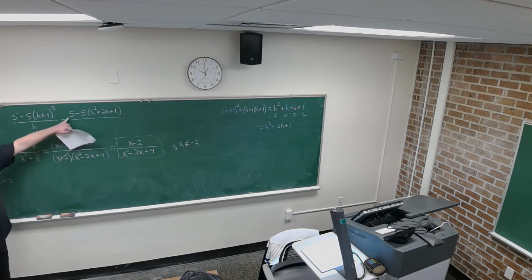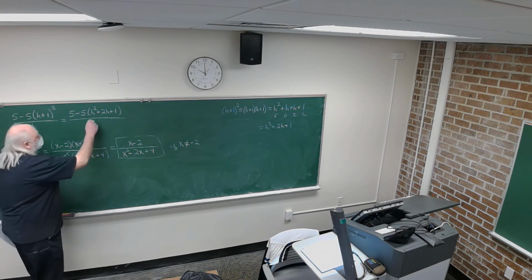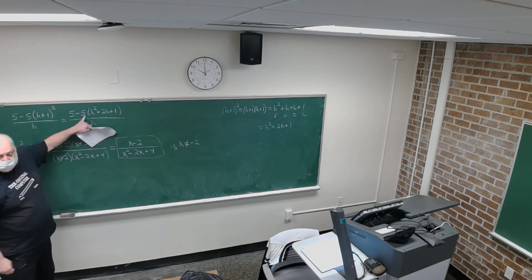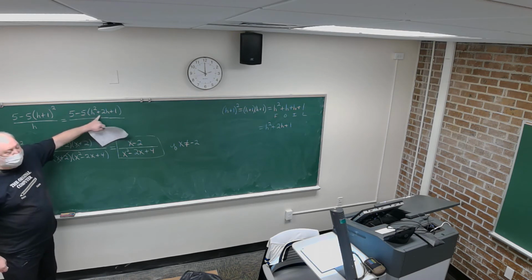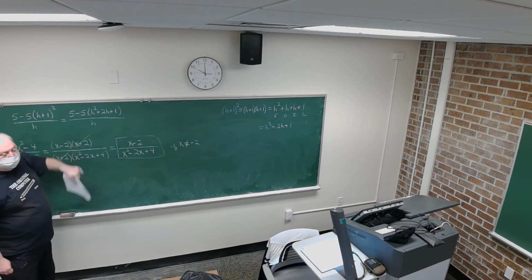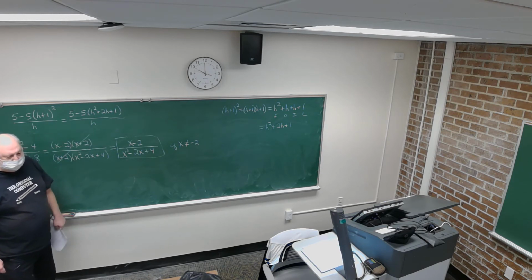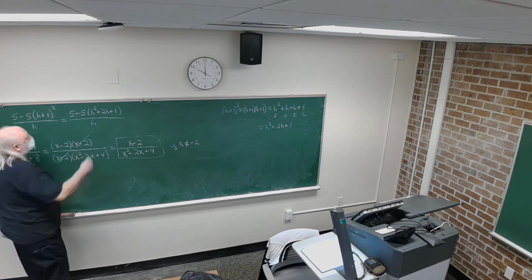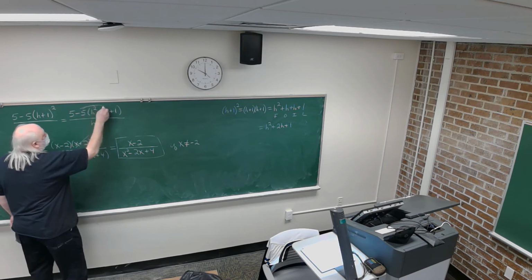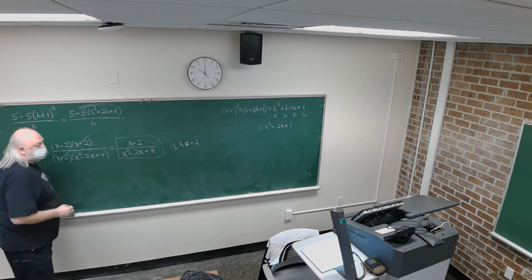And so again over here, the reason I don't do 5 minus 5 first is because this is minus 5 times what's inside parentheses. So you've got to do the multiplication before you do the subtraction. So we're going to distribute the minus 5 inside the parentheses.